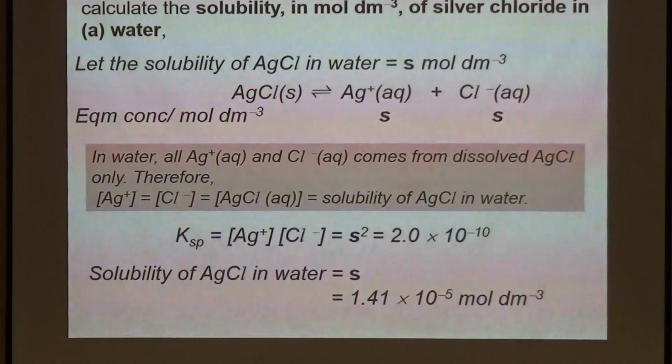Okay, now let's consider the next situation. Instead of dissolving it in water, we dissolve it in sodium chloride, 0.1 mole per dm cube.